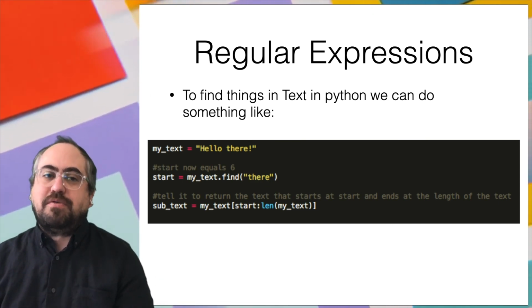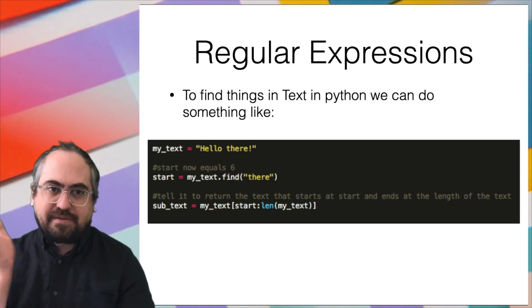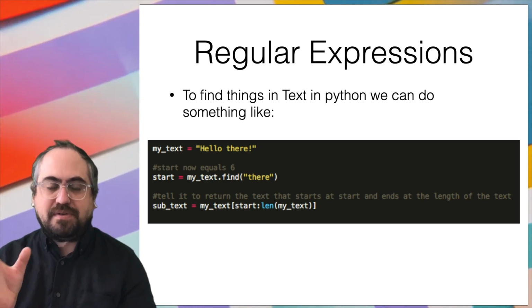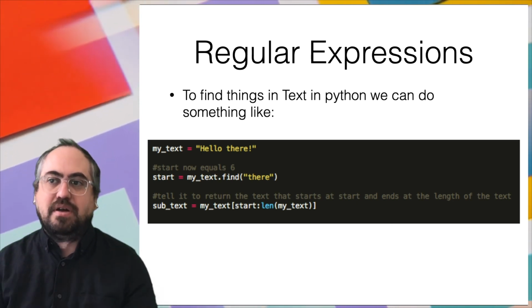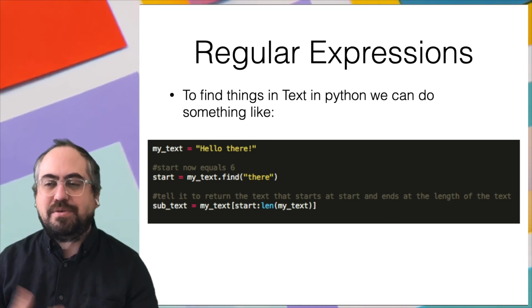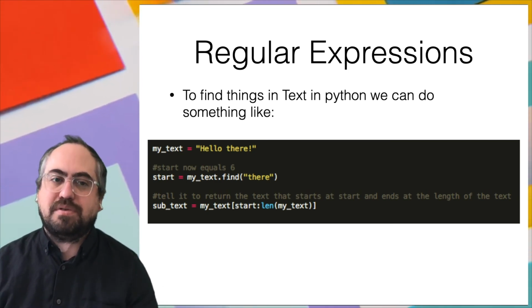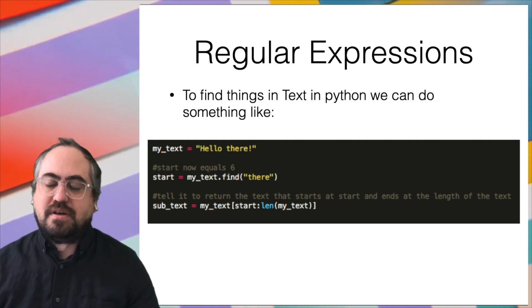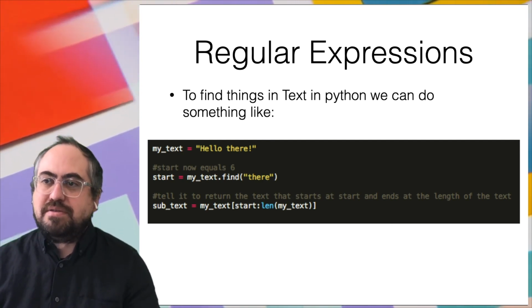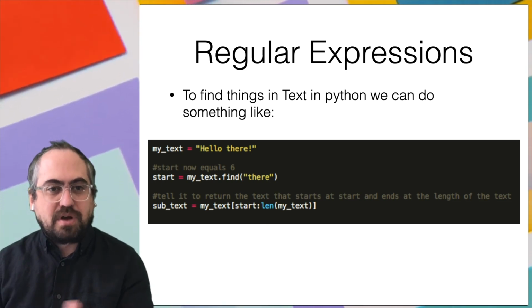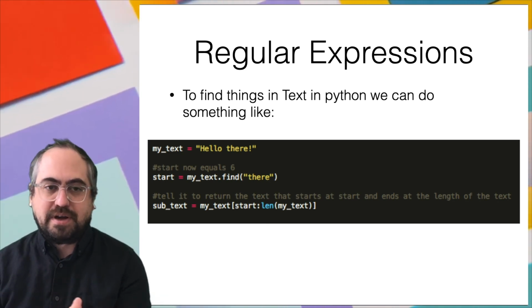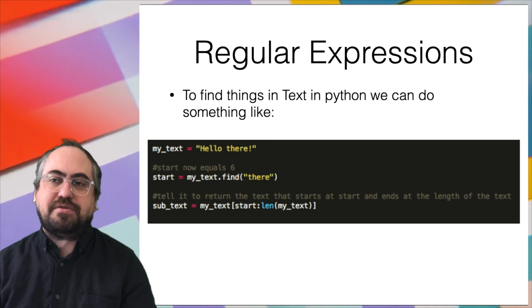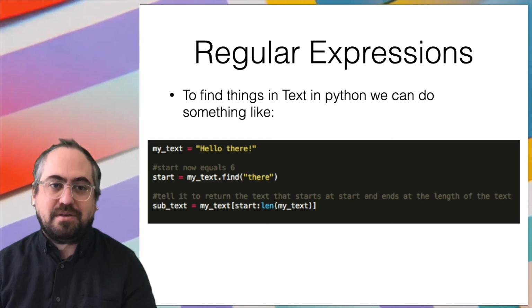And so, for example, if you wanted to do a very simple task like locating one substring in a bigger string, this is basically how you would approach it with just the built-in Python methods for strings. You'd have a piece of text like this, it says hello there, and then you would need to find whatever piece you were looking for. So in this case, we're looking for the word there, and then every string has this dot find method built into it.